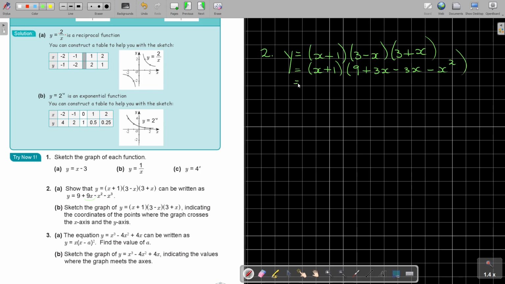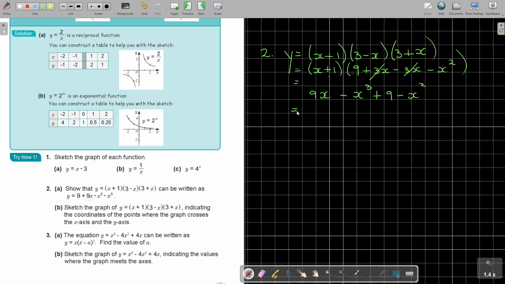And then if I'm looking at this one, I just want to show you, this is cancelling out. Did you see that? So basically, x times 9 is going to be 9x. x times negative x squared is negative x to the power of 3. And then 1 times 9 is 9. And then 1 times this is negative x squared.